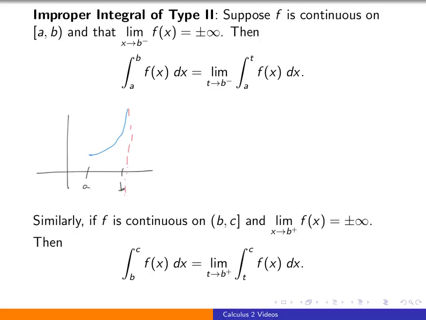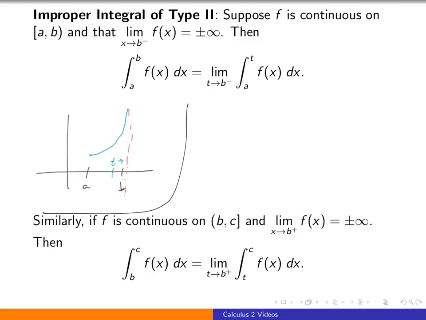Instead of integrating from a to b, we'll think of integrating from a to some number t, and we'll need to let t approach b from the left. Drawing the picture, much like we've done here, will always help remind you what direction we need to approach from.